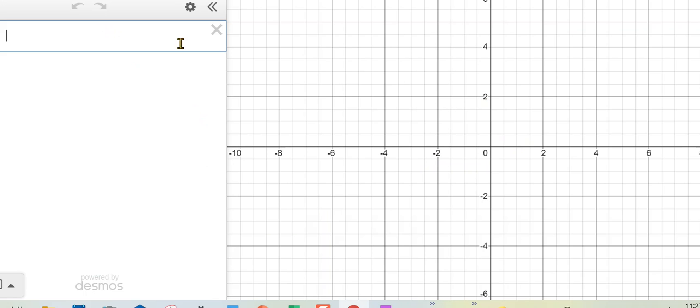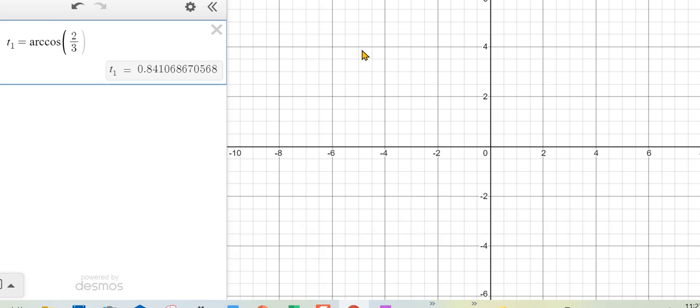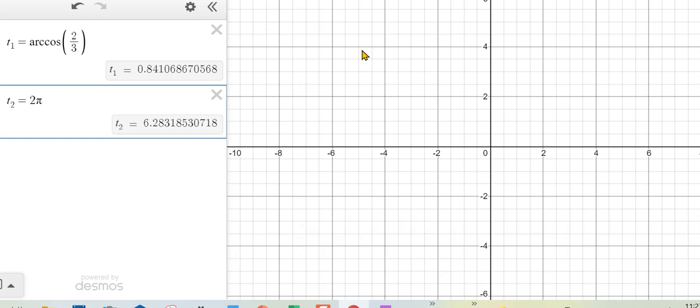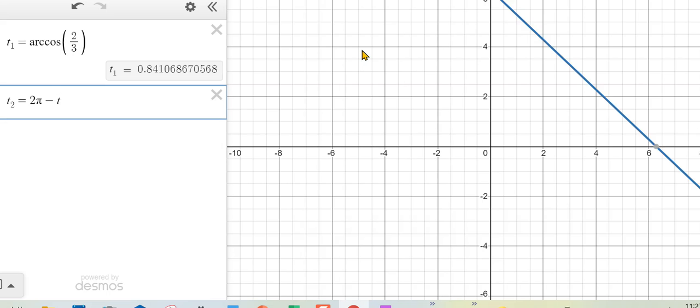All right, so Desmos, we have T1, I'm going to write T1 is equal to the arc cosine in parentheses of 2/3. That gives me T1. T2 then, we said T sub 2 is equal to 2 pi minus T sub 1.